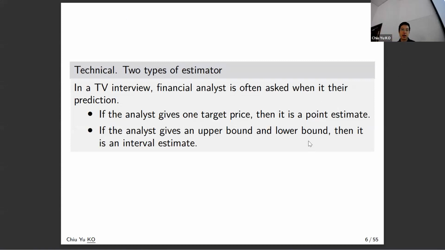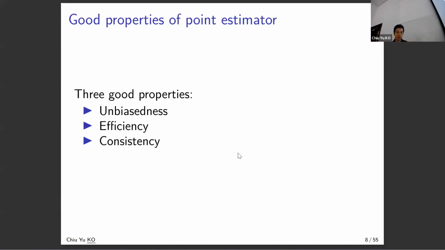Compared to the time. So as I said, if financial analysts give you one target point, that's a point estimate. If you give an upper and lower bound, then it's called an interval estimate. So, for the point estimator, it's generally accepted in statistics that there are three nice properties.